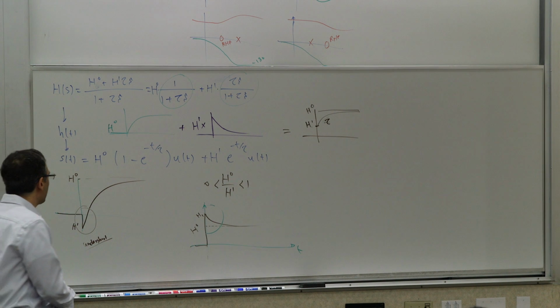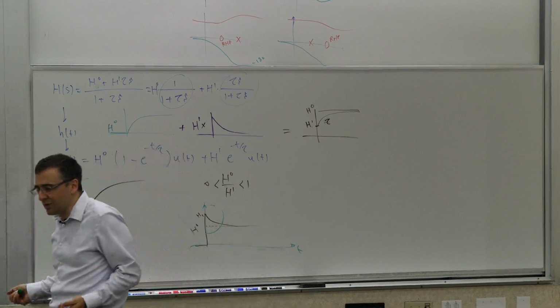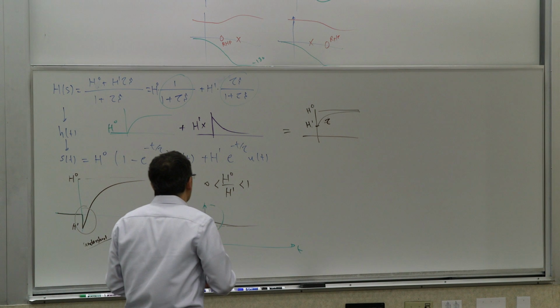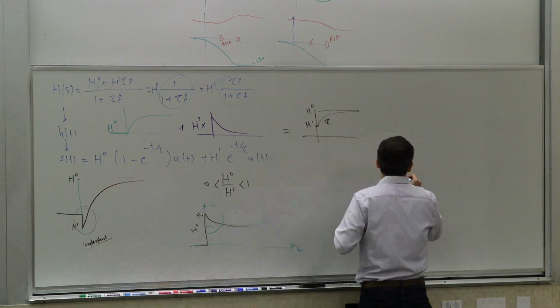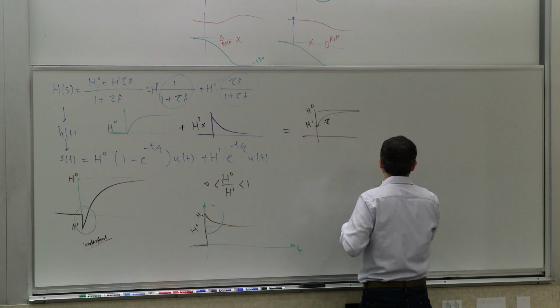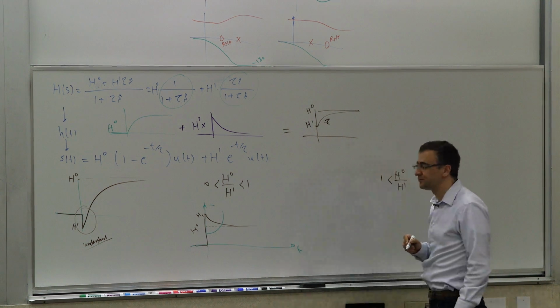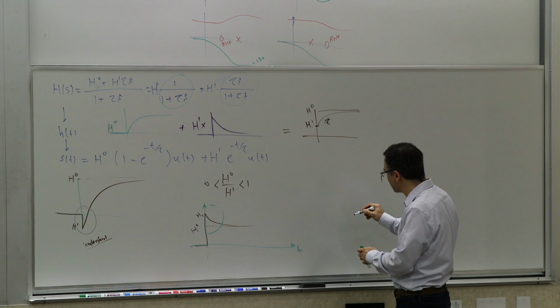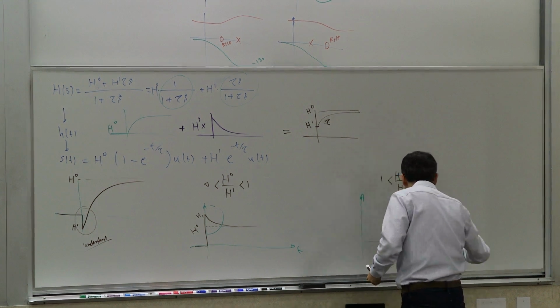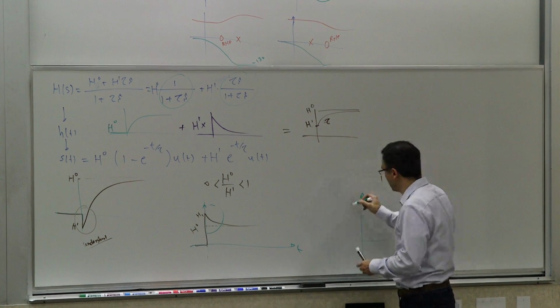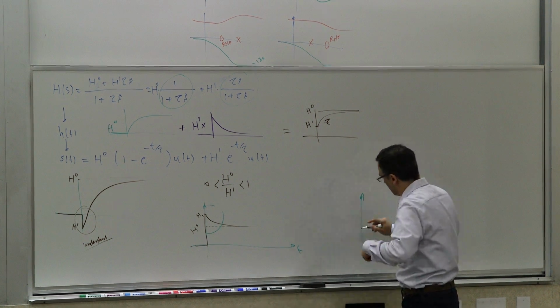And of course, if you are in a situation where it's positive and your h0 over h1 is greater than 1, then you will have a response that would look like that, kind of like a more traditional one.